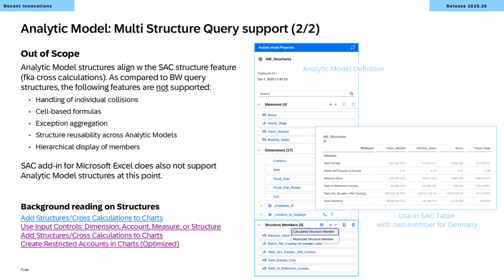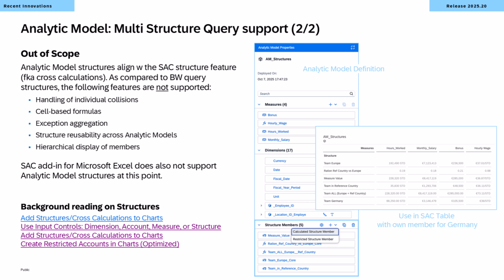It's either measure wins or the structure wins. Also, it's possible in BW to define so-called cell-based formulas. So there are individual cells at the intersection. You can totally over-define for that cell what should happen. And this is not possible. Also, exception aggregation, because it can meet with other exception aggregations, it's very hard to define and to understand what really happens in a cell. So we decided to not support this.